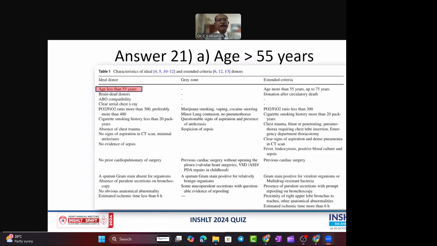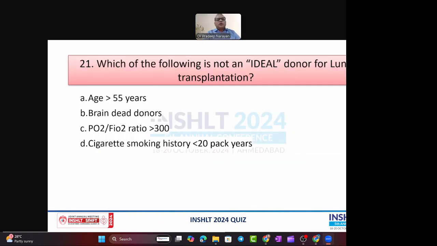Sir, we have cigarette smoking of less than 20 pack-years also as an ideal donor. Go to the question, please. So we have got two answers here, sir. Sorry, yes, it is included: cigarette smoking history less than 20 pack-years. I assumed it was more than 20, but this question should be wrong, isn't it?